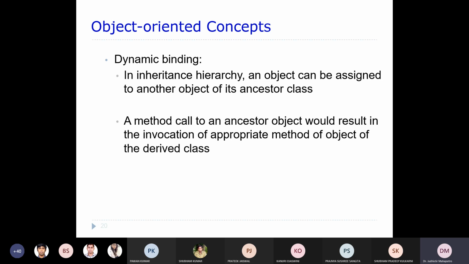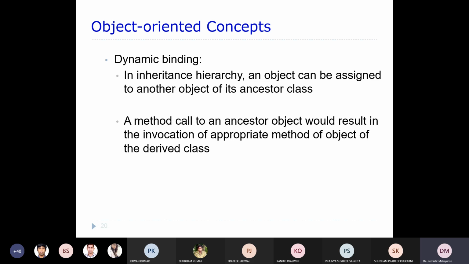But in the case of dynamic binding, as I told you, here you have inheritance. That means you have the concept of method overriding. Because there is method overriding, at runtime it will be decided what sort of method you are calling, whether you are calling the method of the base class or the method of its derived class.